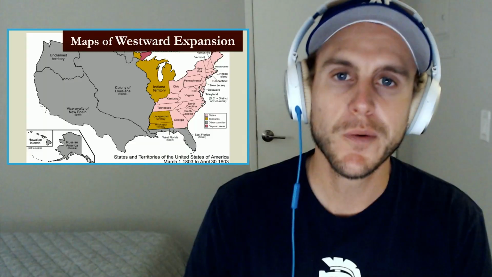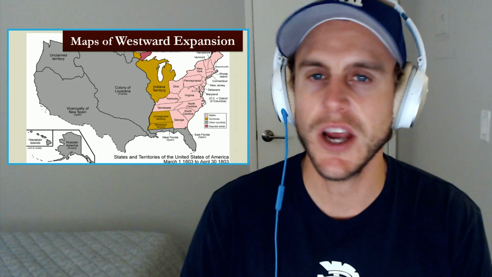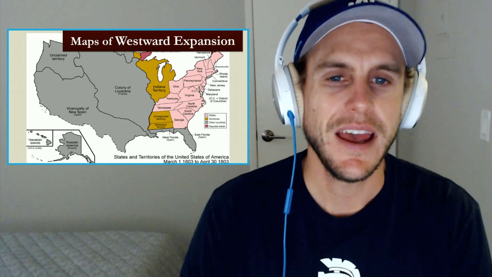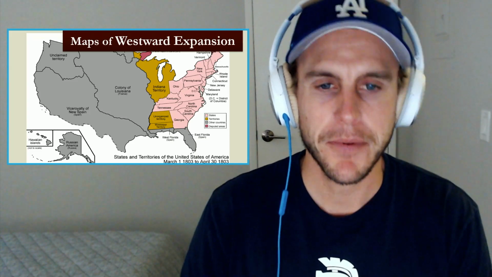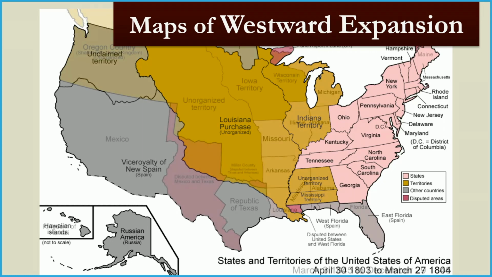Now, before we get there, let's just recap Chapter 9. Chapter 9 was all about westward expansion and manifest destiny. If you take a look here at the map, you'll notice that we've done it. We've achieved manifest destiny. The Louisiana Purchase is all that territory gained from Thomas Jefferson's presidency.